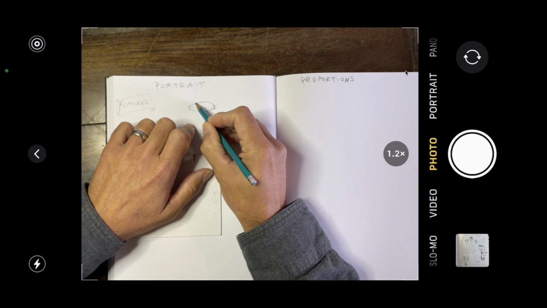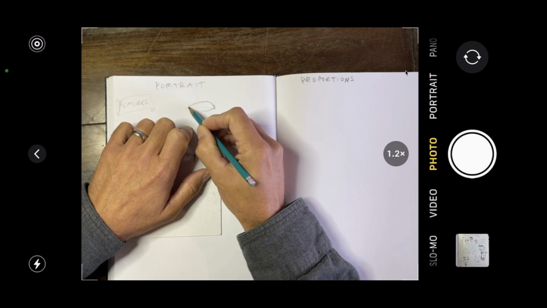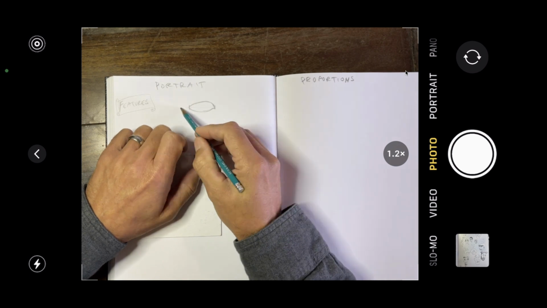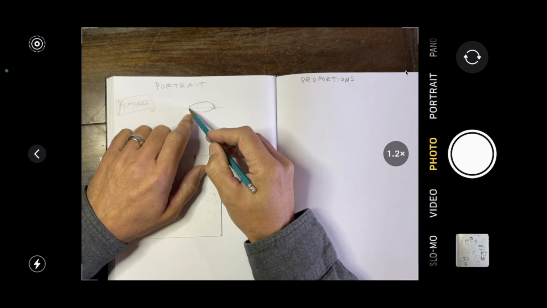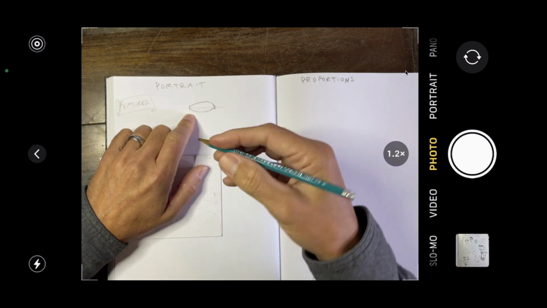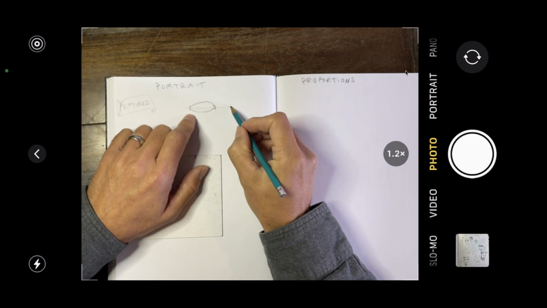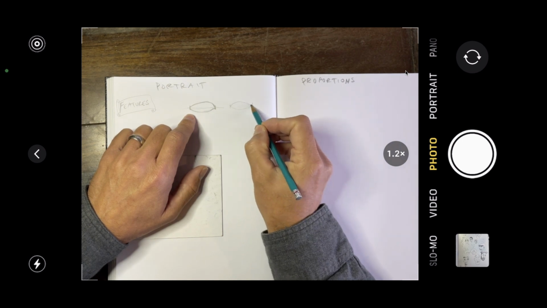Then this curve usually kind of goes up and then over, but honestly, everybody's eyes are a little different. But notice the imaginary line going through and how the upper contour is different than the bottom, okay? Now that's a little side note, honestly. We could have done it just real quick. That's one eye.